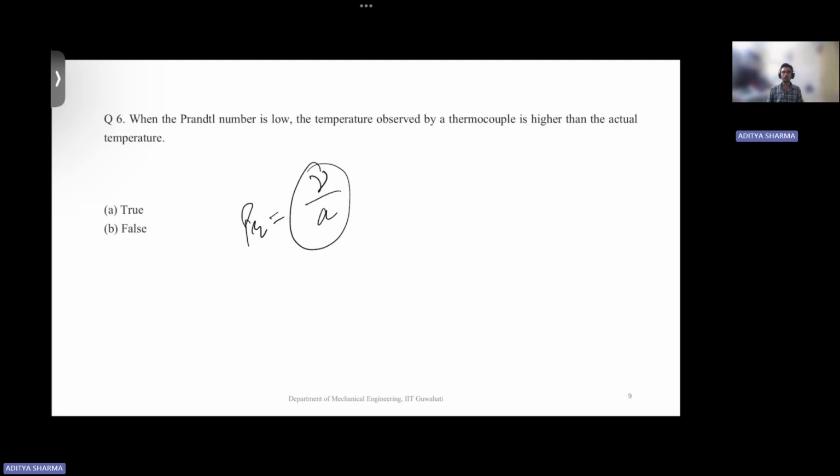It is going to give a value which is lower than the actual value, because dissipation is high. In that case, this is a false statement, because here it says that the temperature observed by thermocouple is higher than the actual value. So moving to the next slide.